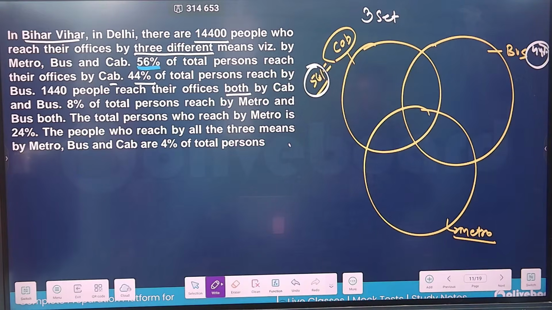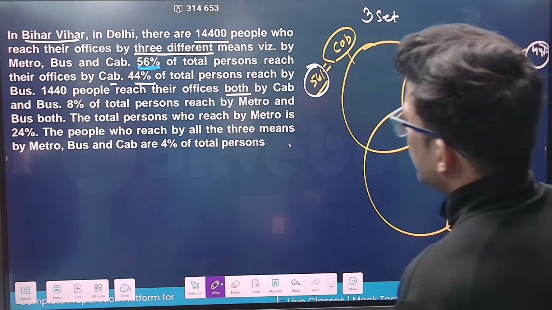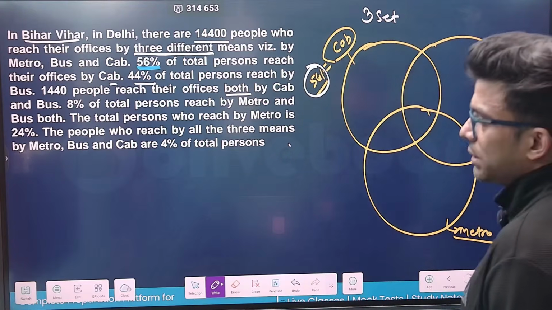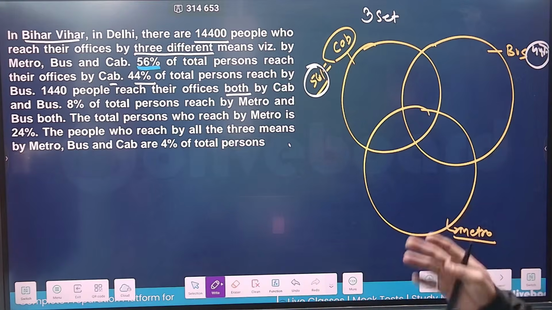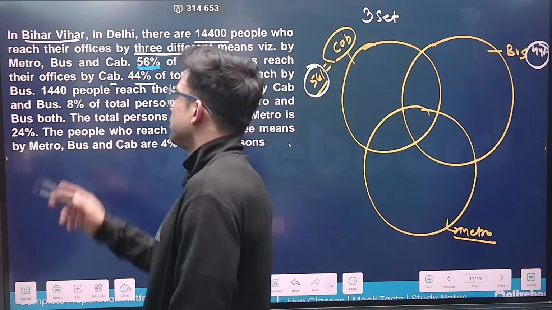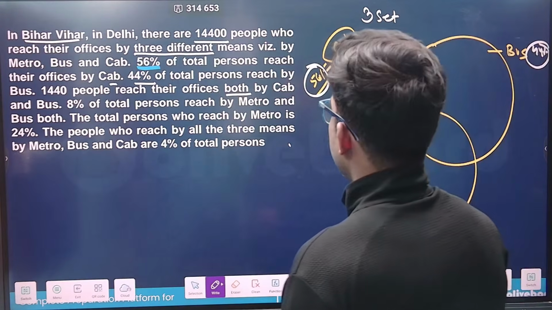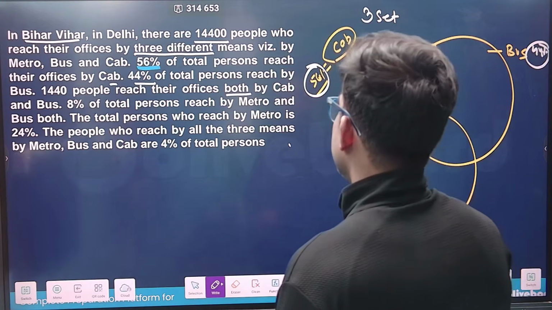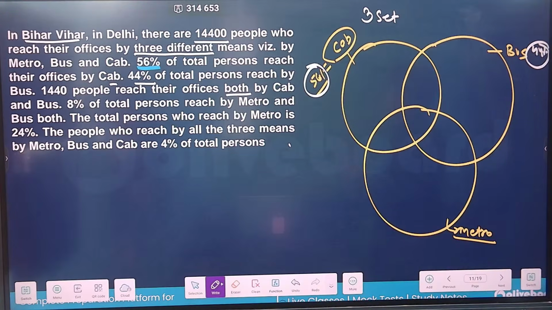Now, 1440 people reach their office by both cab and bus. So 114 people, let it be. We will not be solving right now because the whole thing is in percentage and this is in a value. 8% of total persons reached by metro and bus both. Where will you place that 8%? The question comes: where will you place it? Come on guys.